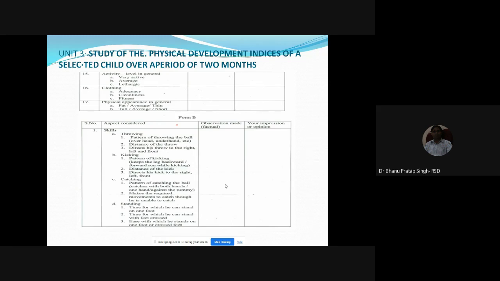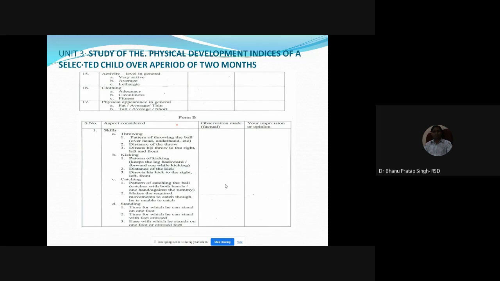Catching, if you are observing the catching power of the child, the pattern of catching the ball, whether he is using one hand or two hands, or some children may use their tummy also for catching the ball. Make the required movement to catch, whether she or he is unable to catch the ball or not.